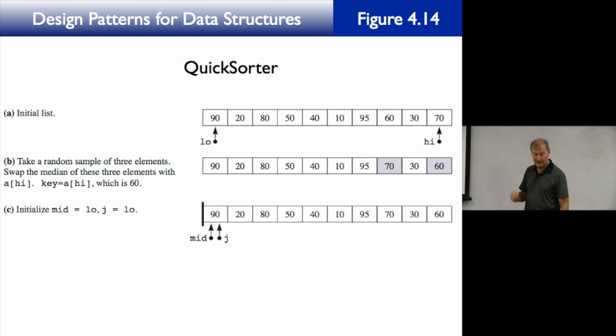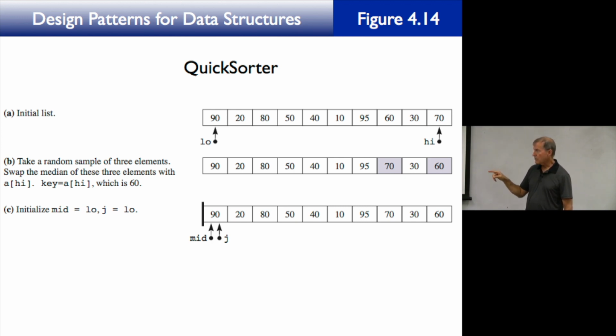Okay? Now, here's what we're going to do. Just like with merge sort, there's only one loop, for j going from what to what? The control variable in this algorithm is j. So j is going to go from low to high, right?